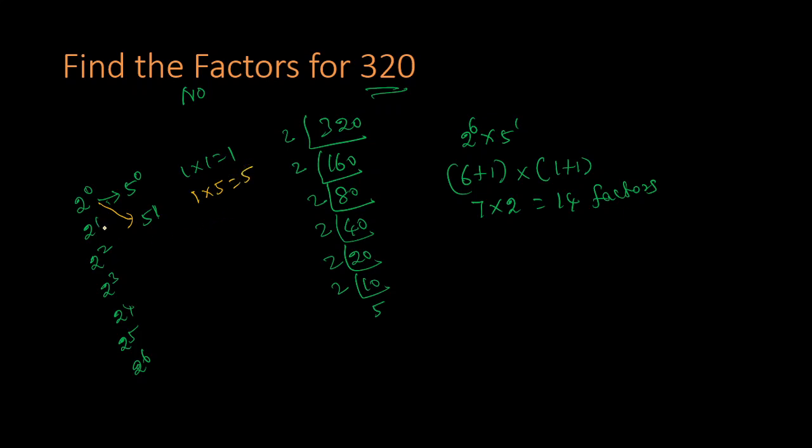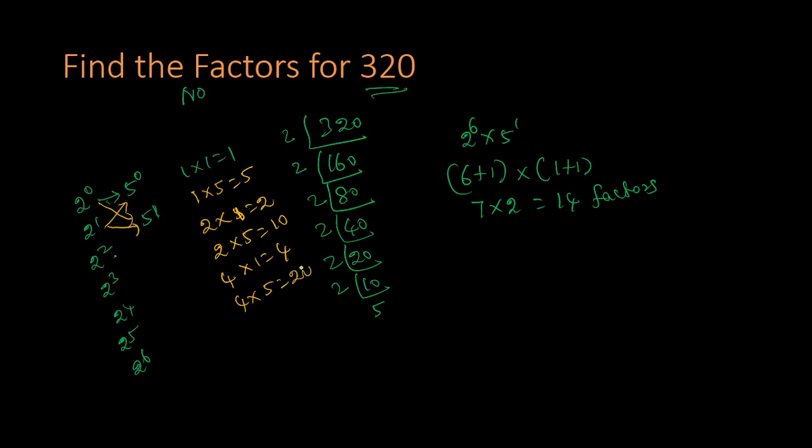Now 2 to the power of 1 is 2. Then 5 to the power of 0 is 1 here. So it is again 2. Then 2 to the power of 1, 5 to the power of 1. 2 to the power of 1 is 2, 5 to the power of 1 is 5. So it is equal to 10. 10 is a factor. Then 2 squared. 2 squared is 4 and 5 to the power of 0 is 1, so 4 is a factor. 2 squared, then 4 into 5 to the power of 1 is 5.